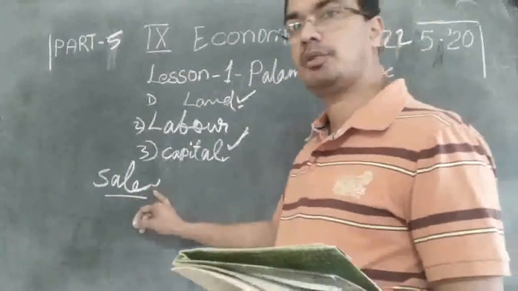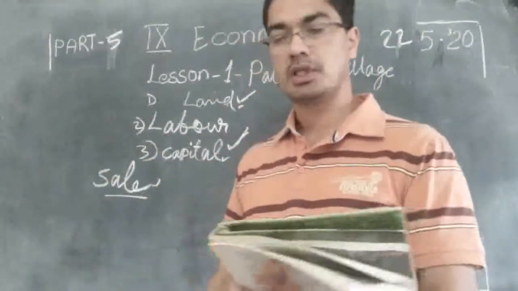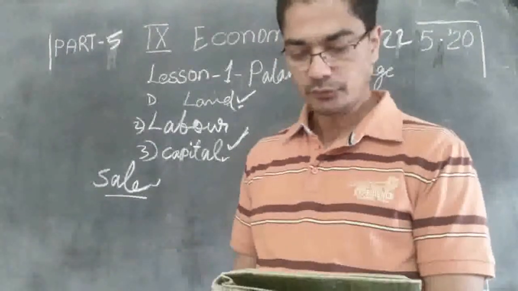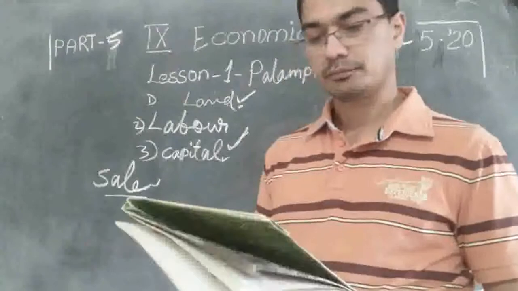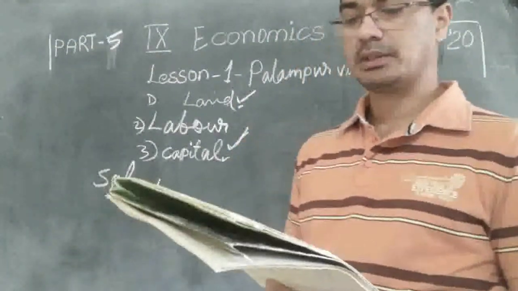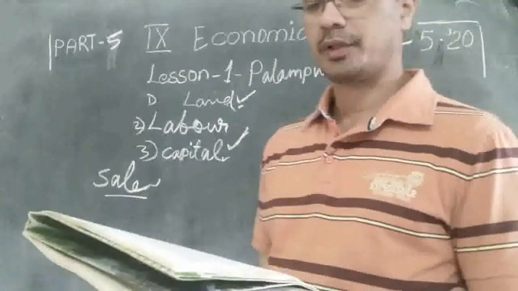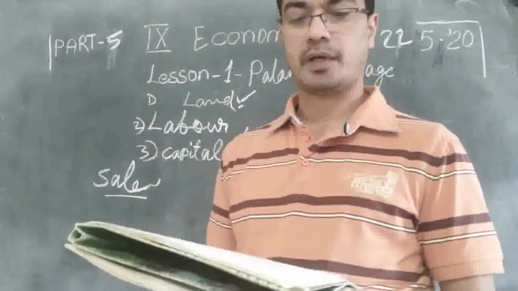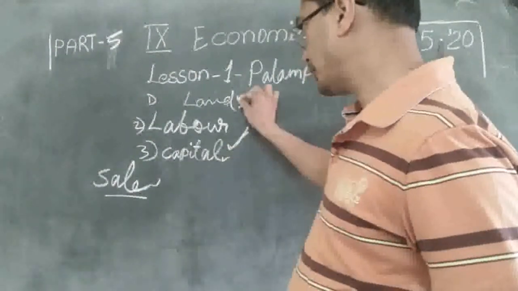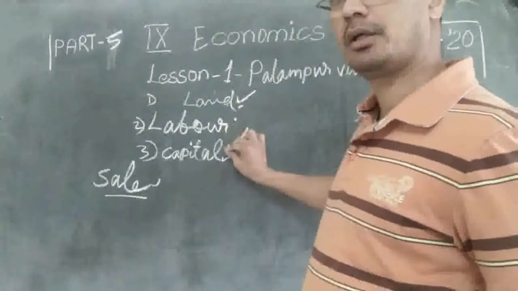Only rich or medium farmers will be able to sell something because they will have something extra. Then let us suppose that the farmers have produced wheat on their lands using the 3 factors of production. So a farmer has produced wheat using these 3: land, labor and capital.